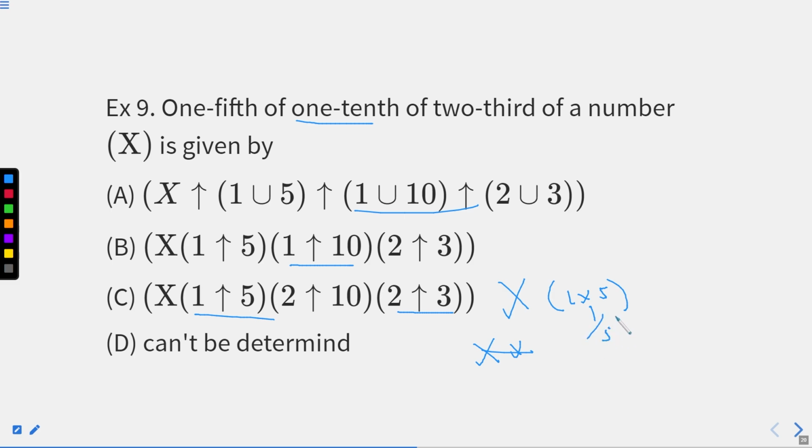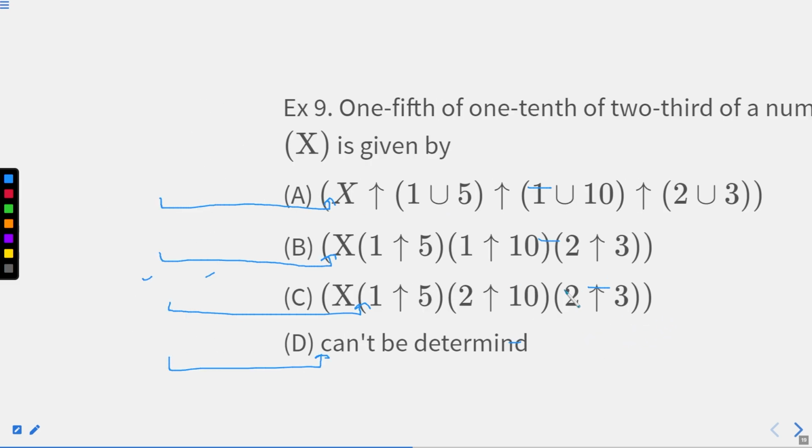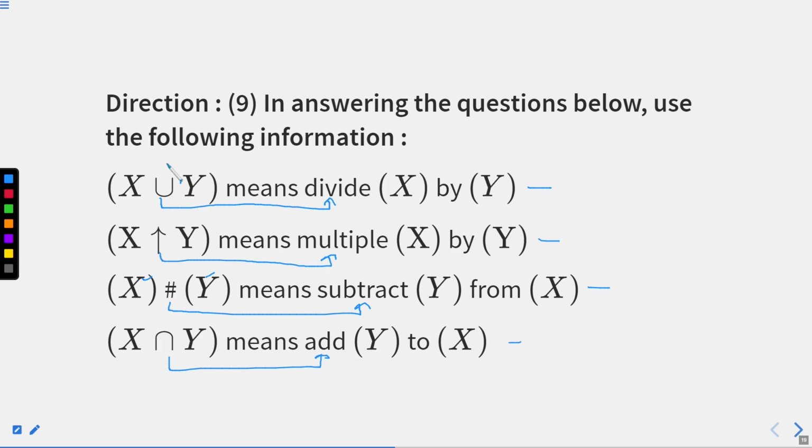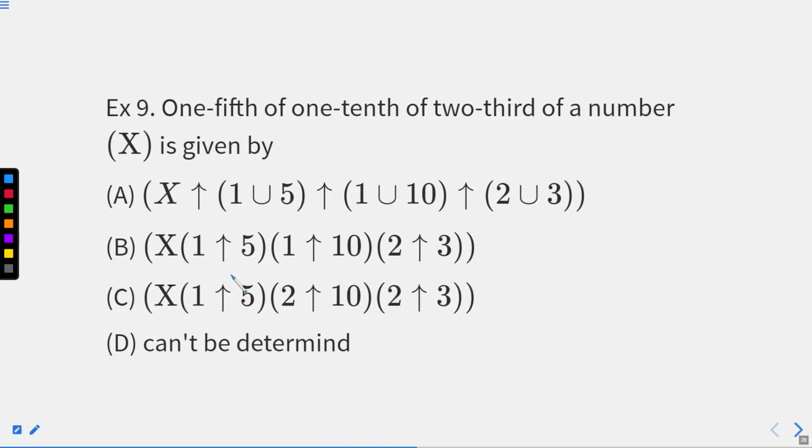And we know that for the division, we have this symbol, right? As soon as we have this symbol, we imply division. And this symbol is only available in part A, which means x. Listen to this. X, right? Multiplied by, in bracket, 1/5, right?